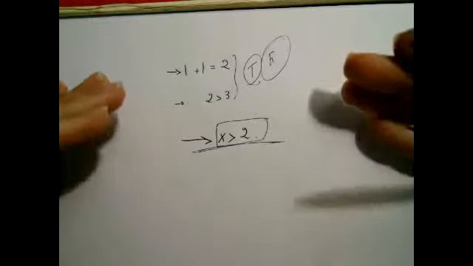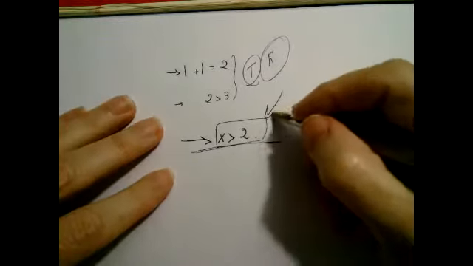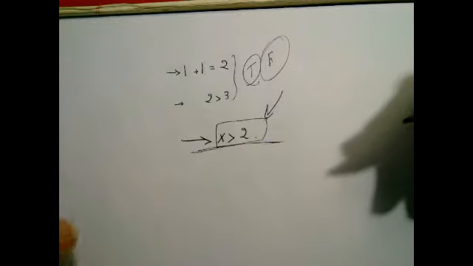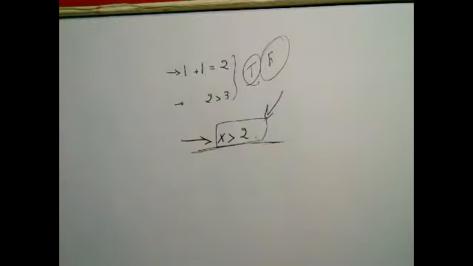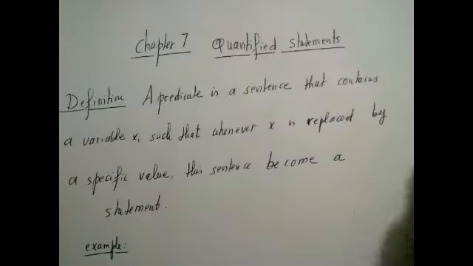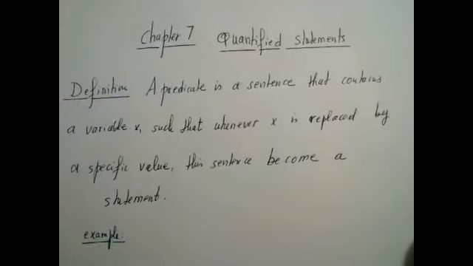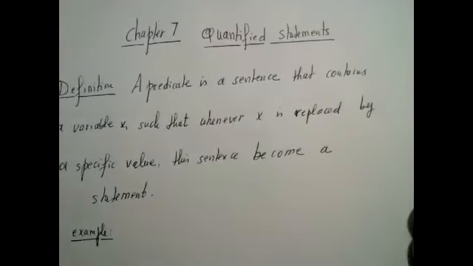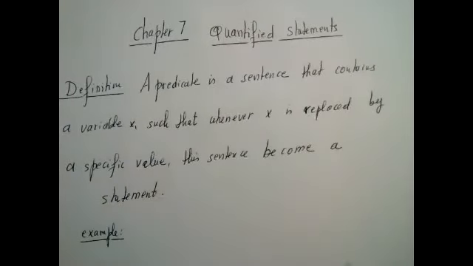We're going to be working with sentences like that, and this triggers our first definition, something called a predicate. We're working with chapter 7 in the book, and I'm covering 7.1 and 7.3 together. So first, what's a predicate?